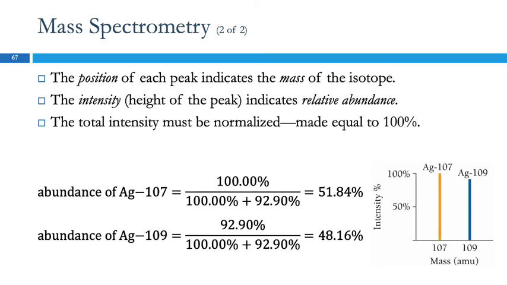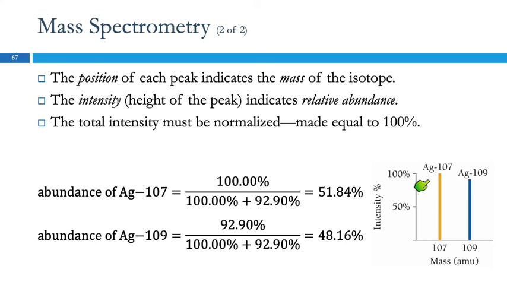So the sort of information you get is something like this, where it's giving you the mass number, and then it's giving you the intensity of the signal for each of those.